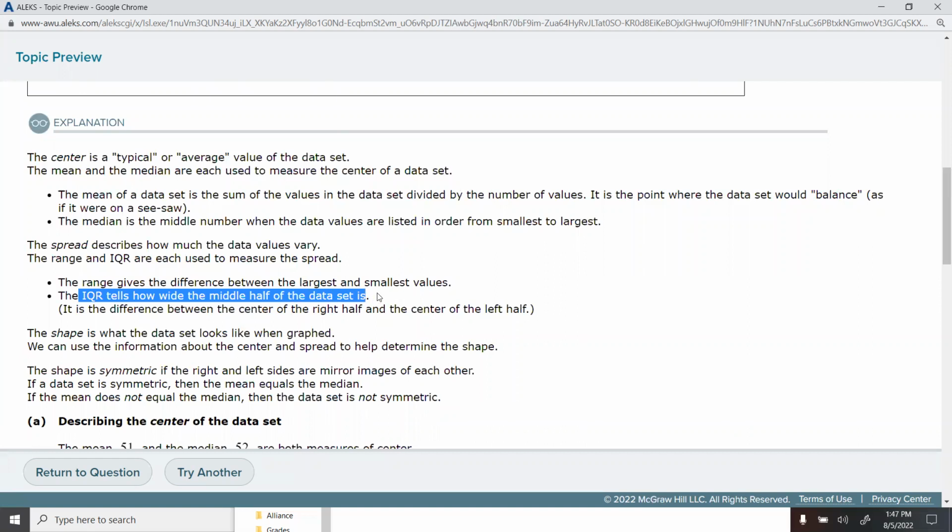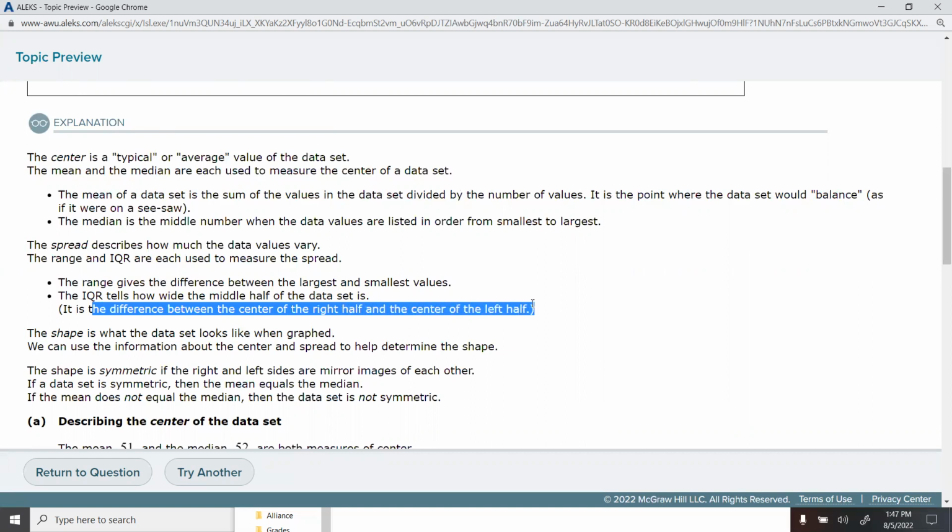Because it's a measure of how spread out the middle half is. It is a difference between the center of the right half and the center of the left half. So there's some good information there without giving you the formula, for understanding IQR.